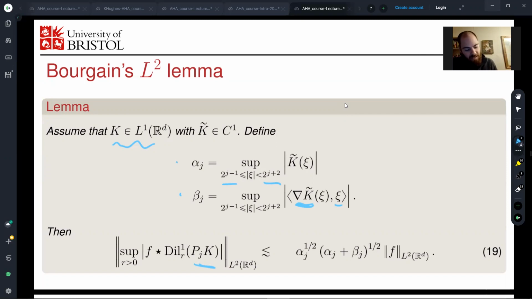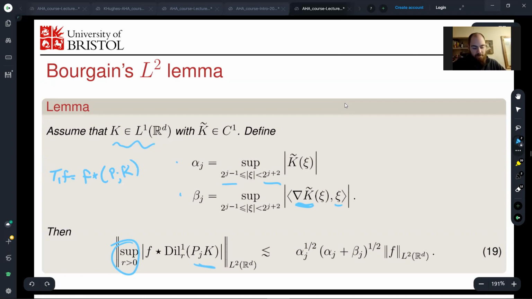And so our L2 bound is the following. If I look at the maximal function, where I take as my starting average, say T1 of f, f convolved with pj of k, and then this dilation thing right here, TR, is defined by those isotropic dilations.